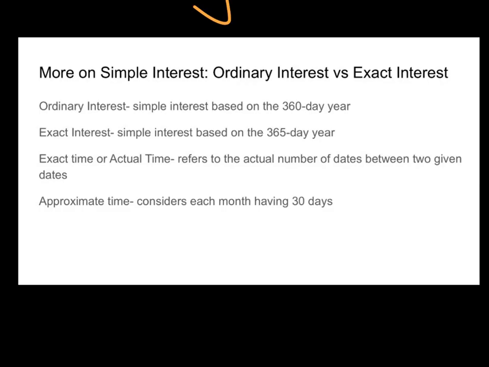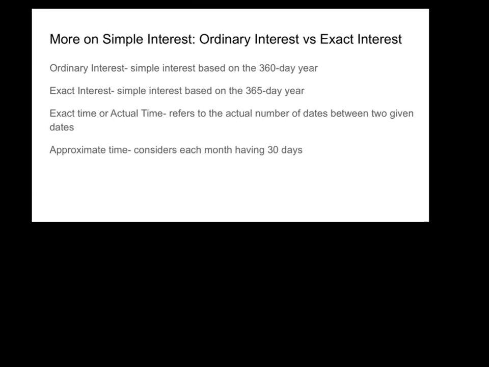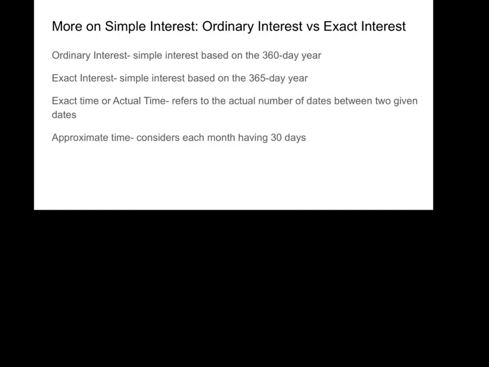Now this time, I was talking about the two types of time earlier, so let's go back to that. So under ordinary interest and exact interest, there are cases in which they will not tell you exactly, like you have to pay after 100 days or 165 days or 200 days. But instead of saying that, they will tell you specific dates.